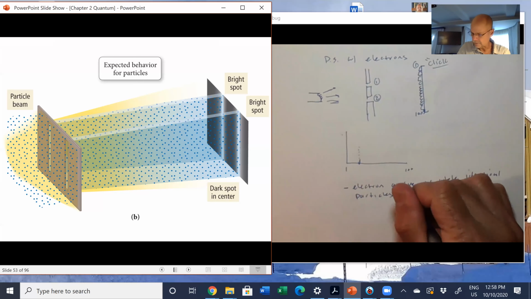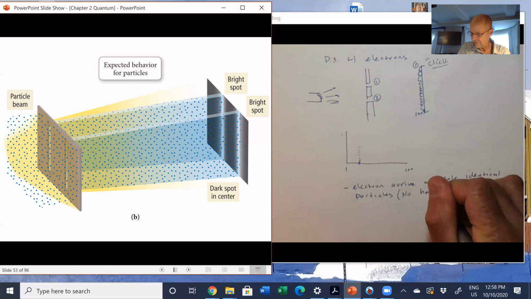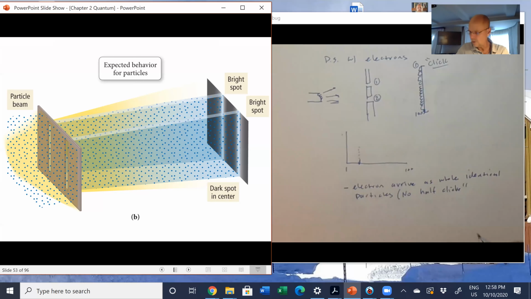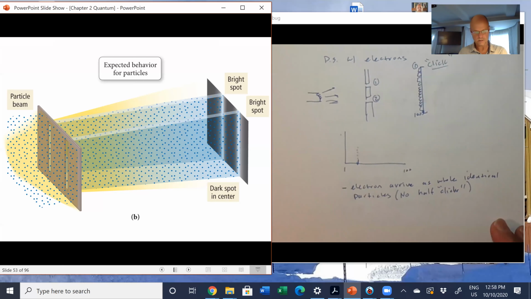I'm just going to put in here no half clicks, no quarter clicks, nothing like that. So far the electrons are kind of behaving like particles, yeah? Waves, on the other hand, would have a continuously variable intensity, so you'd hear a continuously variable size of click. But that's not the case here. They're arriving as particles.